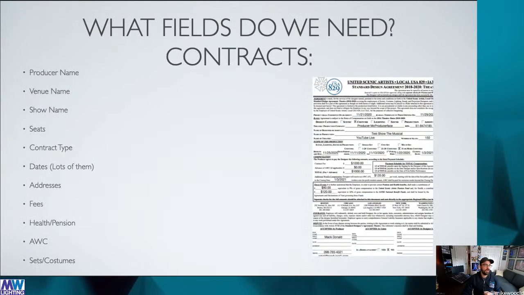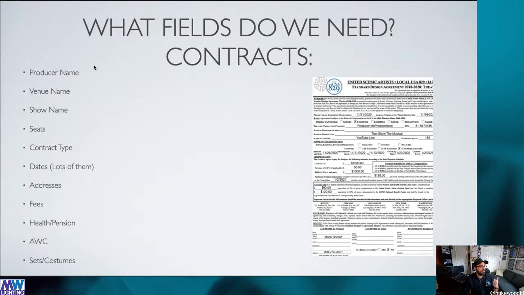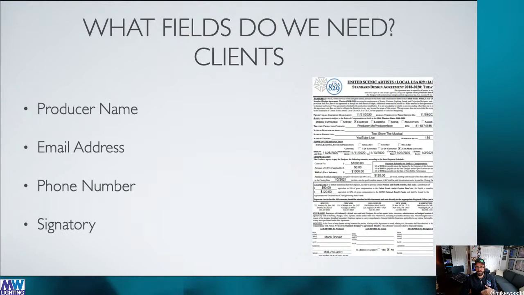So within our contracts table, we're going to need things like producer name, venue name, show name. Basically anything you can think about that would go into that contract is going to be a field in this particular table. And then on the client side of things, we're going to have things like producer name, venue name, maybe their taxpayer ID number, the name of the person who signs the contract, the email of the person who signs the contract, things like that.